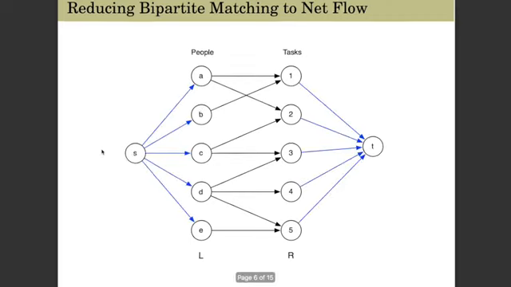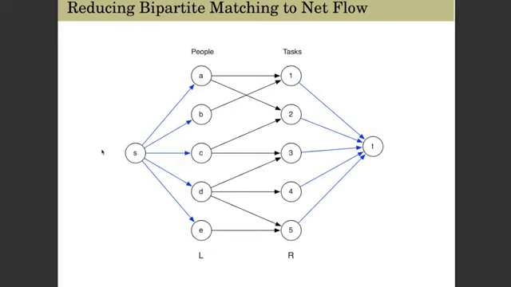Next, we add a source S and a destination or sink T. We add directed edges from S to all the people, and we also add directed edges from the tasks to the sink T. Now this is the particular graph that you're getting.